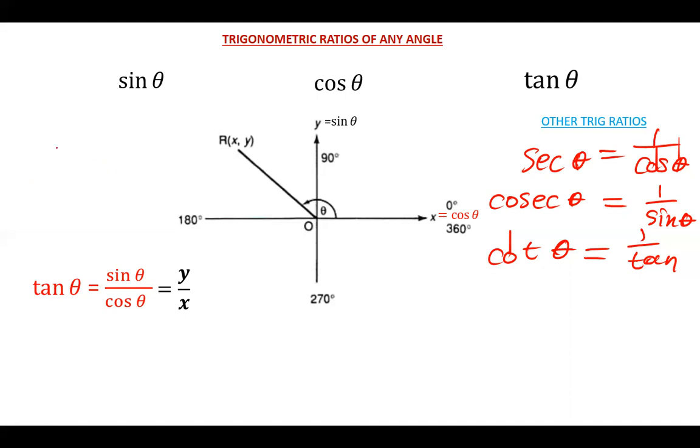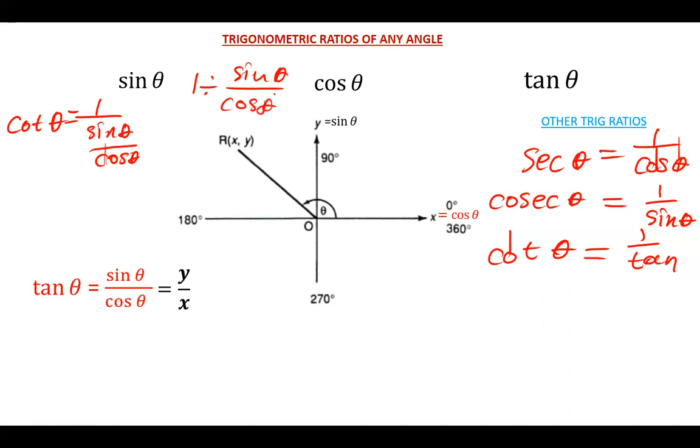So in cot theta, where there's tan, we put sine theta over cos theta. This is the same as 1 divided by sine theta over cos theta.